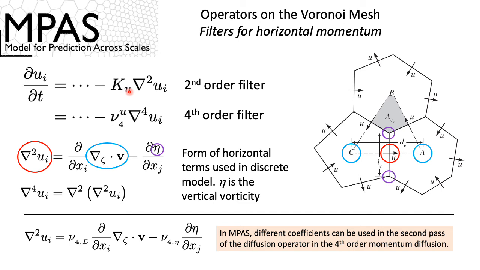So it comes down to how do we discretize the Laplacian? The Laplacian for velocity can be broken up into two pieces. One is a horizontal derivative, in the direction of that velocity, of the velocity divergence.